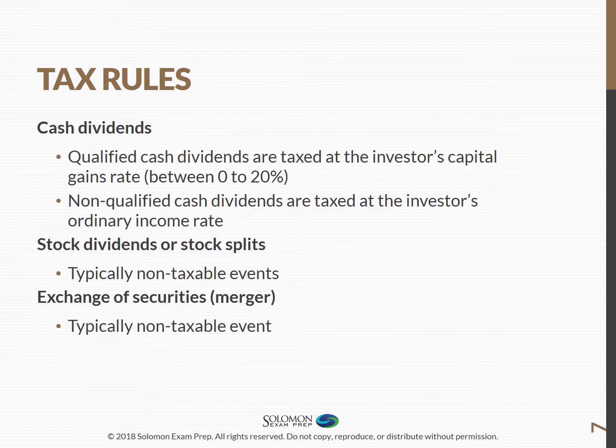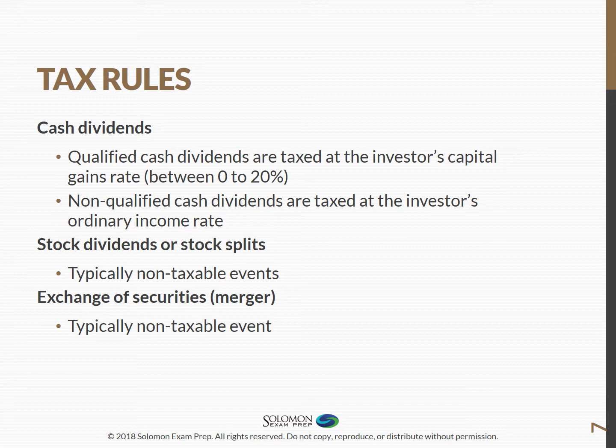There are specific rules about how corporate actions are taxed. There are two kinds of cash dividends, qualified and non-qualified. Qualified cash dividends are taxed at the investor's capital gains rate, between 0 and 20%. Non-qualified cash dividends are taxed at the investor's ordinary income rate.